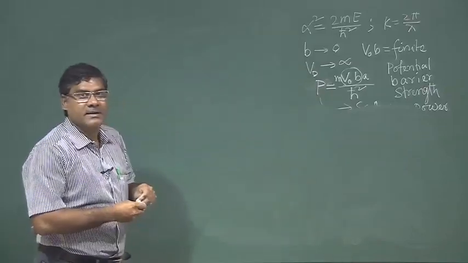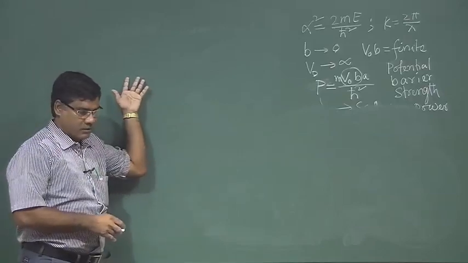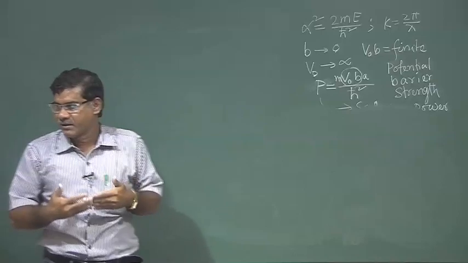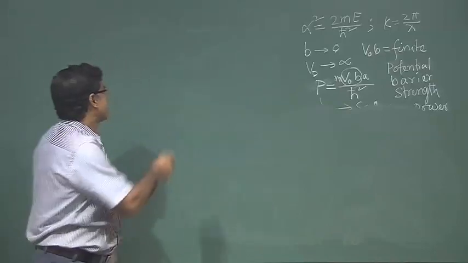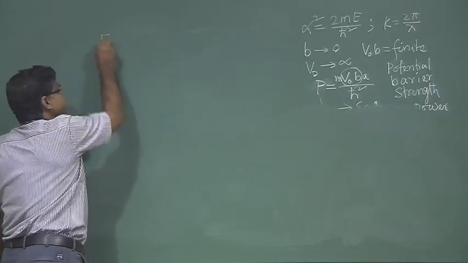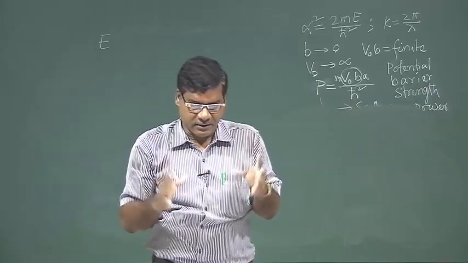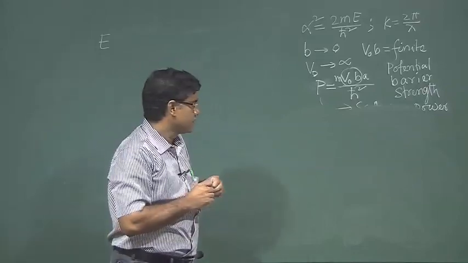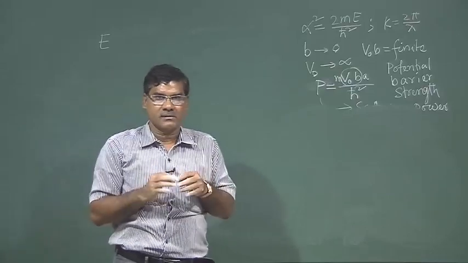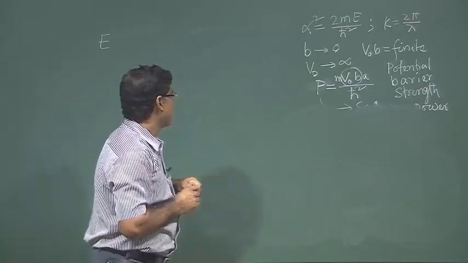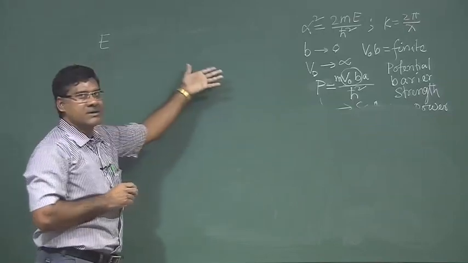So now the question is that, depending on the P value, whether the electron is free or tightly bound, its energy relation is different. The energy of the electron will be different depending on the situation of the potential of the crystal. So for a free electron, what is the energy?